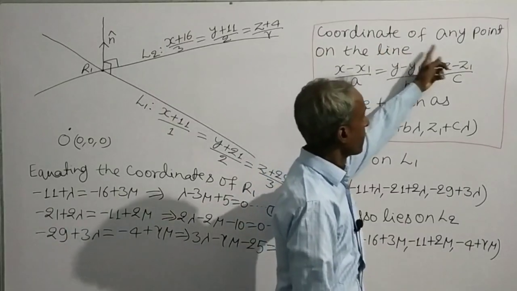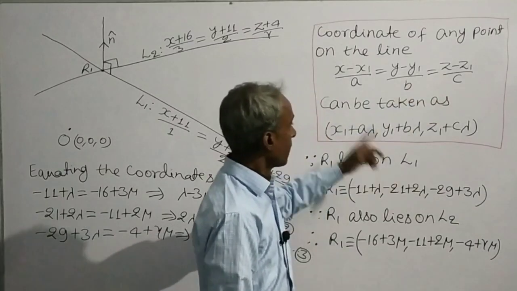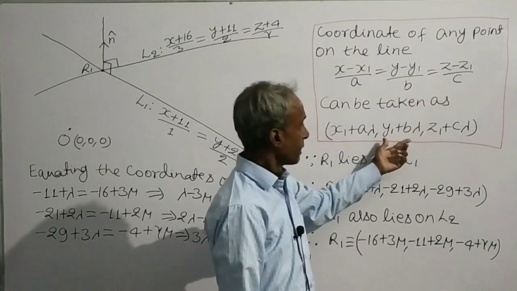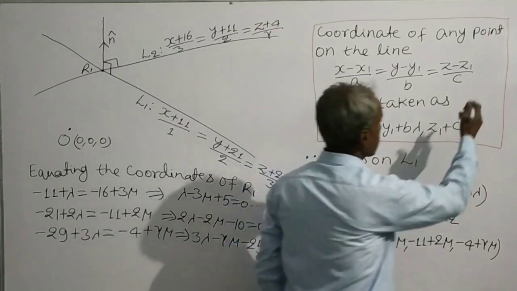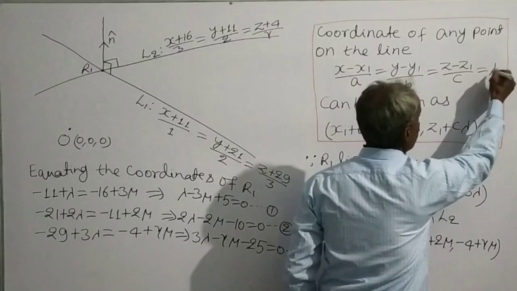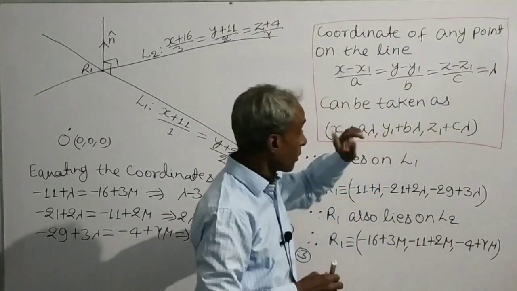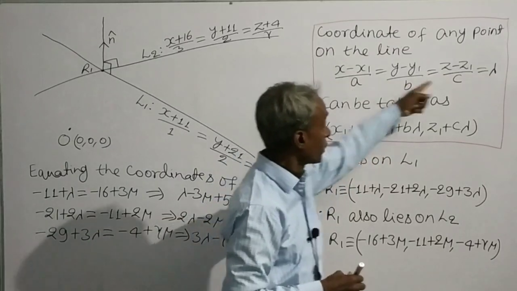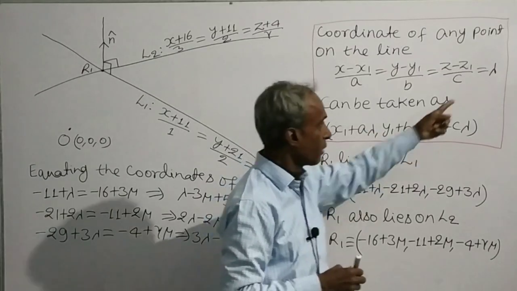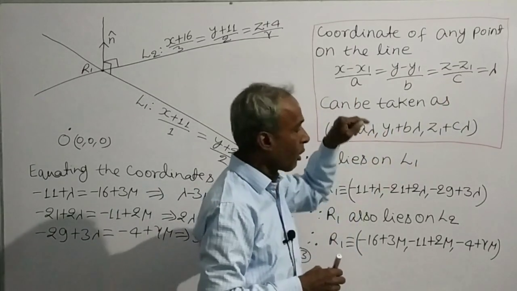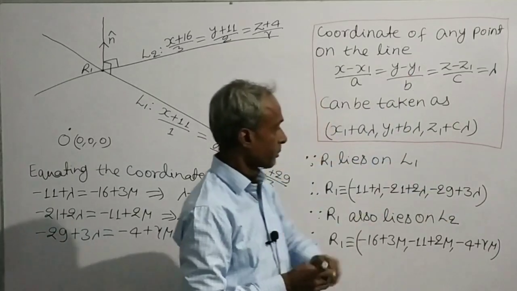Coordinates of any point on this line can be taken as this, where lambda is the parameter. If we suppose this is equal to lambda, then coordinates of any point on this line can be taken as this. When we change the value of lambda, the position of the point on the line also changes.